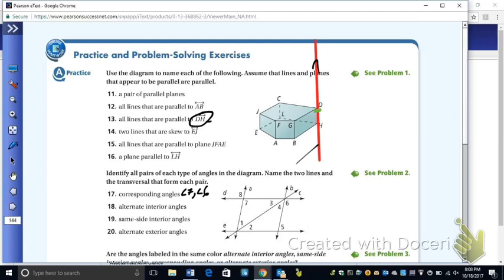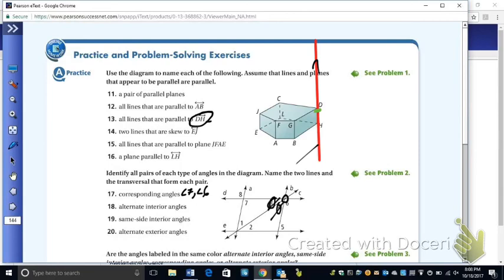So the next one's actually kind of tough. A lot of people have trouble with it, so I'm just going to give it to you. A lot of people say like 3 and 4 are 1 or 2. The problem with 3 and 4 is that if you look back at a transversal, it intersects two lines at distinct points, meaning it does not intersect both lines at the same place.